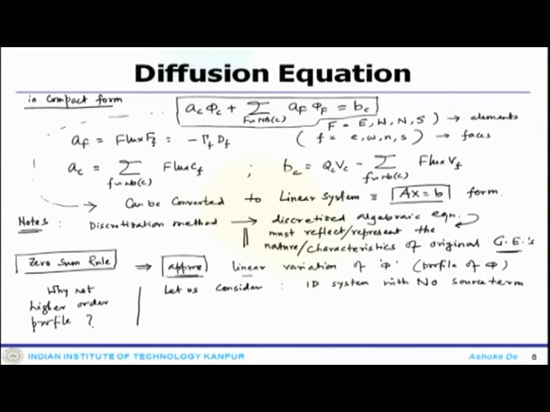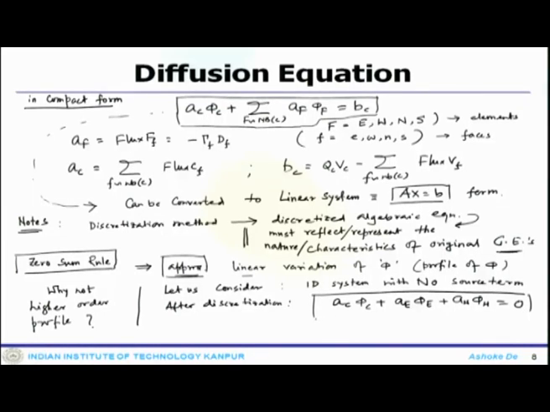Let us consider a 1D system with no source term, and after discretization, this will look like AC phi C plus AE phi E plus AW phi W equals 0.